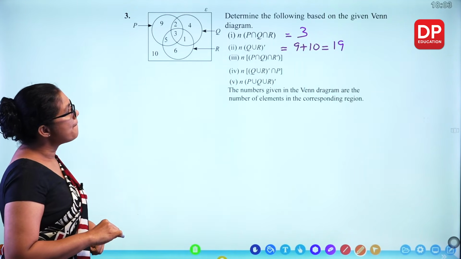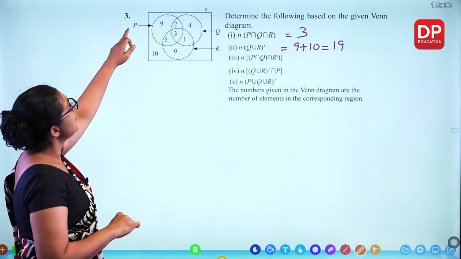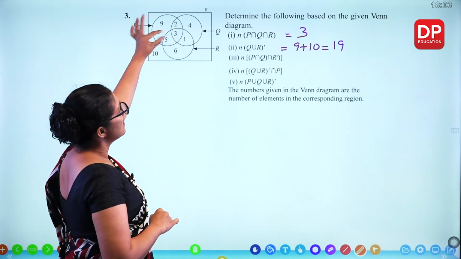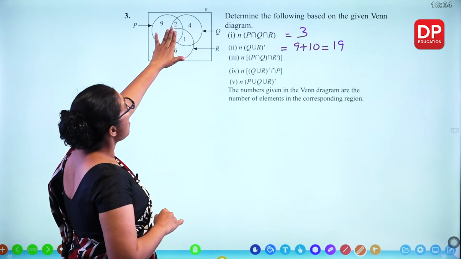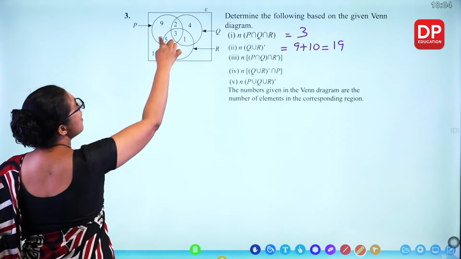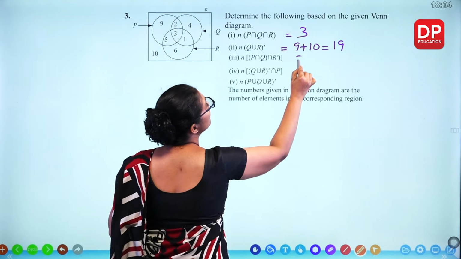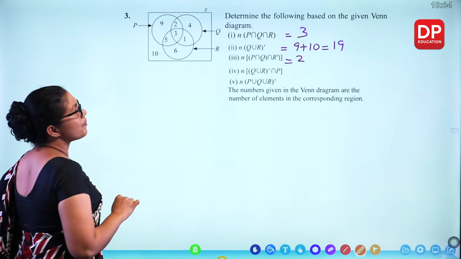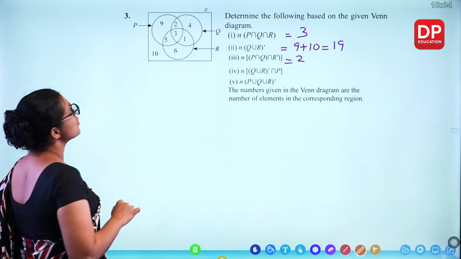Next one, P intersection Q. What is P intersection Q? P and Q, 2 and 3. And then intersects with R dash. R is this circle, R dash means only 2. Next one, Q union R, whole thing dash.